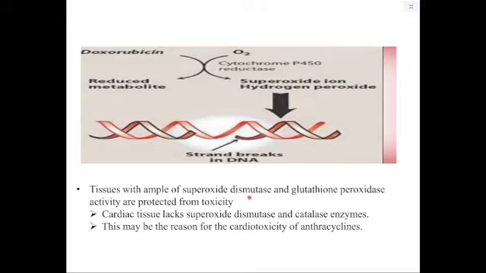So tissues with ample superoxide dismutase and glutathione peroxidase activity are protected from cardiotoxicity. And you find that the cardiac tissue lacks superoxide dismutase and the catalase enzyme, the peroxidase enzyme. This may be the reason for the cardiotoxicity of the anthracyclines. These enzymes help to further metabolize the superoxide to safer molecules, and therefore protect the tissues where they are found from cardiac toxicity.